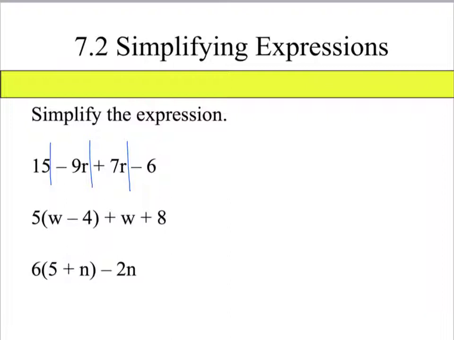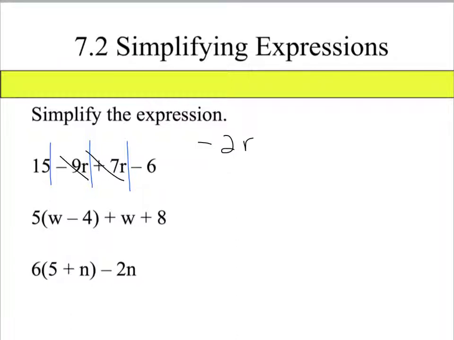The same variable raised to the same power: negative 9r and a positive 7r both have the same variable r, both raised to the first power. So I take negative 9r plus 7r, which is a negative 2r.